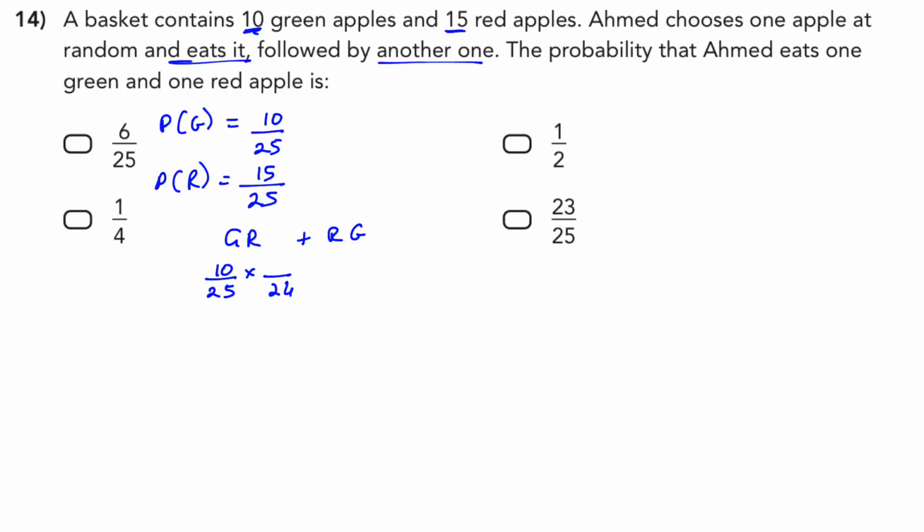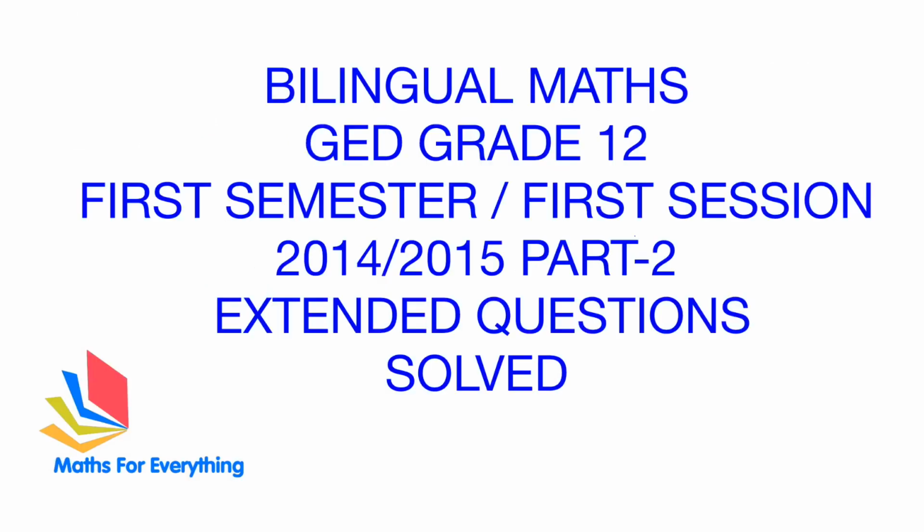But he has eaten a green apple, so the red apples are still 15. If he ate the red apple first, it will be 15 over 25 times the probability of green apples. Remember that he has eaten one apple, so the probability is going to be 24 and the probability of green apples is 10. We just have to calculate this and you will get the answer half. So this is your answer.